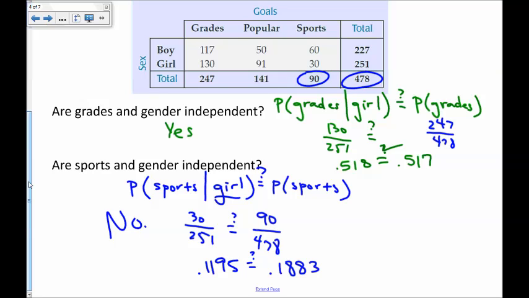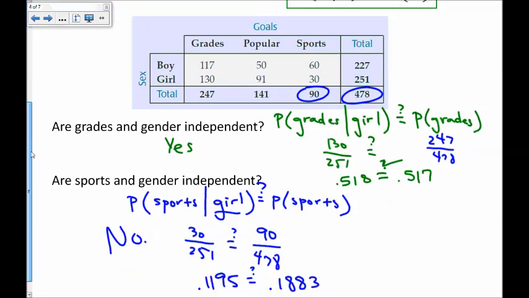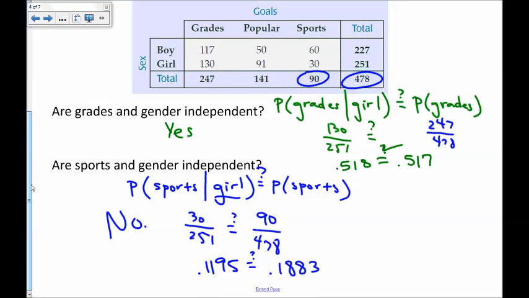Those are not independent. One of the genders may be more inclined to focus on sports than the other. I know this is kind of a gut feeling of what's close and what's not. We will come up with a more formal rule of thumb much later in the year, but for now we'll just compute these conditional probabilities to figure out if they seem to be independent or not.